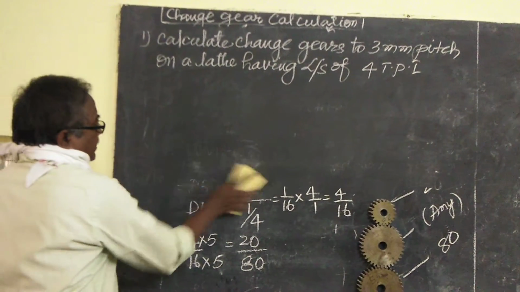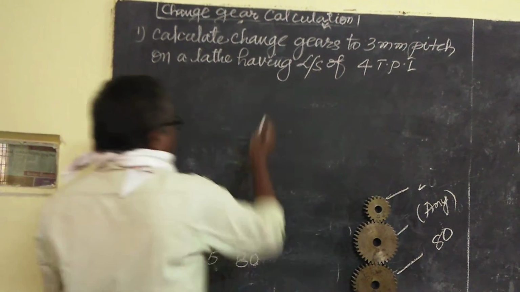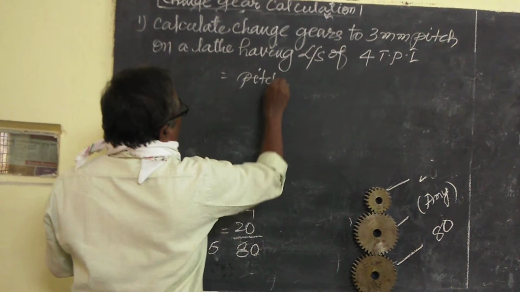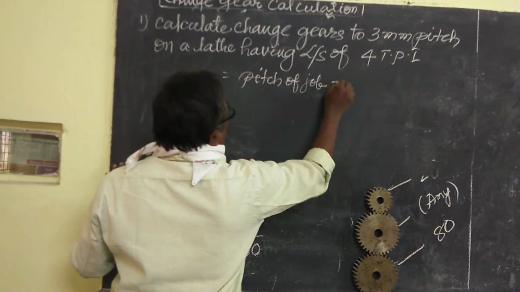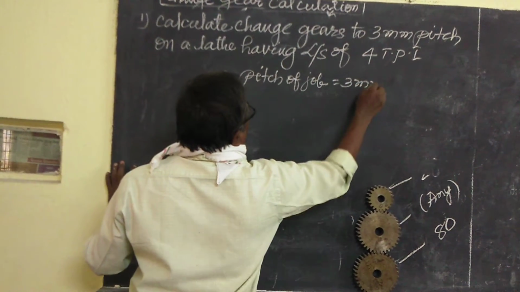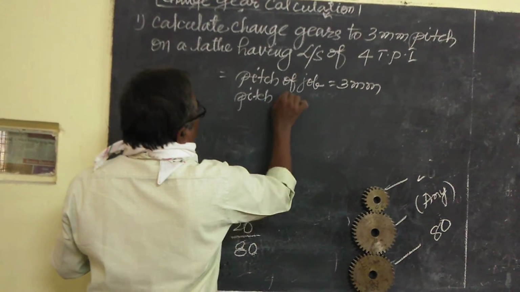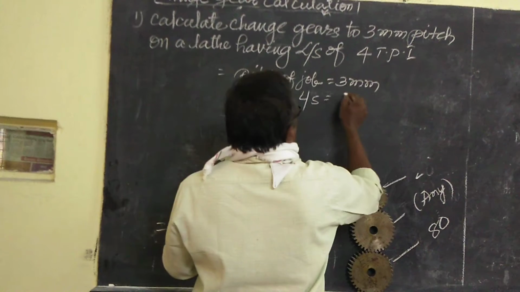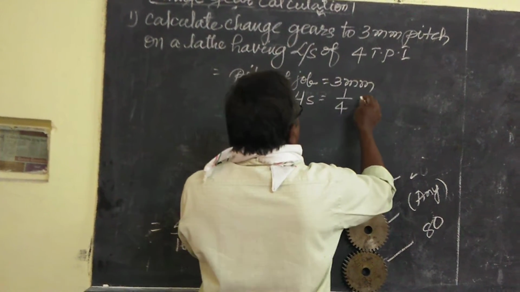In this case, the formula will be the same for all. What is given there? Pitch of job is equal to 3 mm. Pitch of lead screw equals 1/4.